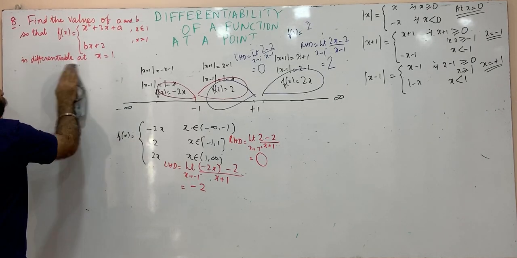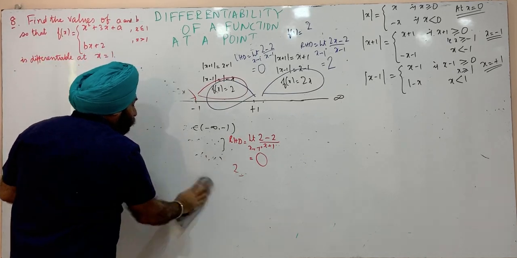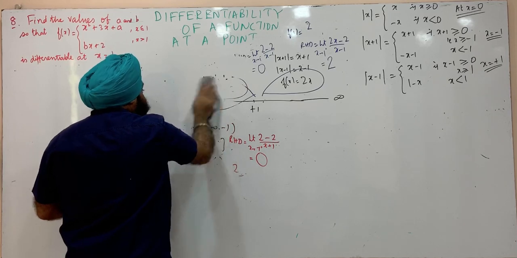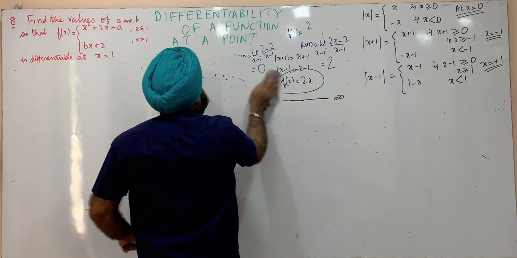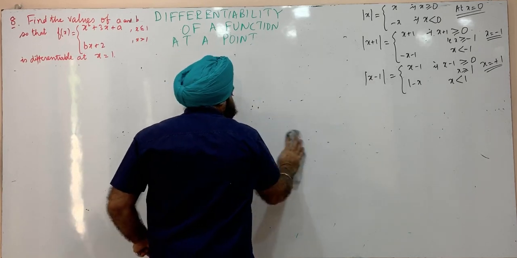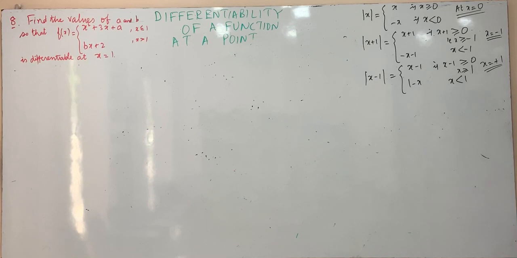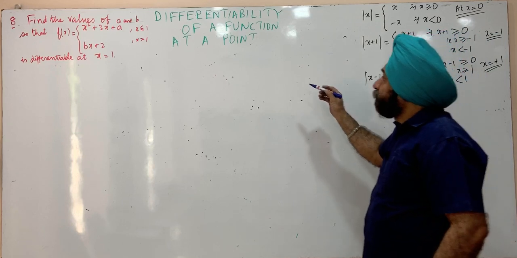The last one, this is a piecewise defined function. So here I am stating the fact that every differentiable function is necessarily continuous, but the converse may or may not be true. We will use that here.